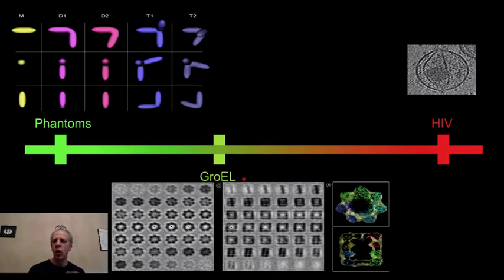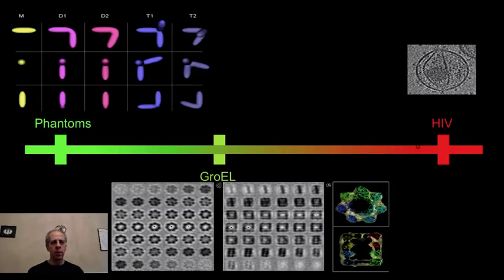And one of them is what's called the GroEL, G-R-O-E-L. So you go into your microscope, you put GroEL, you run your algorithm, you get the 3D shape that everybody knows is the right shape. You say, okay, this is as much validation as I can do. Now I'm ready to do HIV.